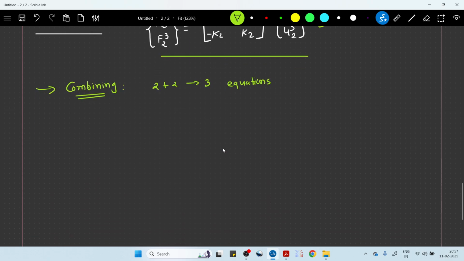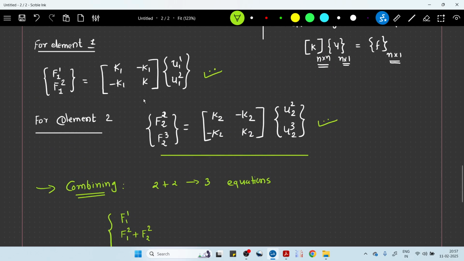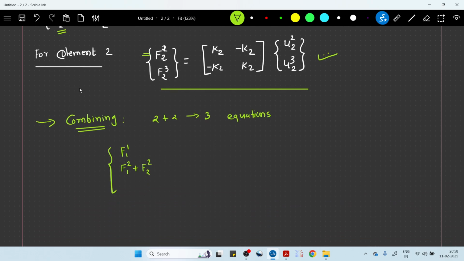Okay. So if I combine them, I will get something like this: f1 from element 1, f2 from element 1 plus f2 from element 2, and f3 from element 2 is equal to the matrix k1, minus k1, minus k1, plus k1, plus k2, minus k2, minus k2 and k2.